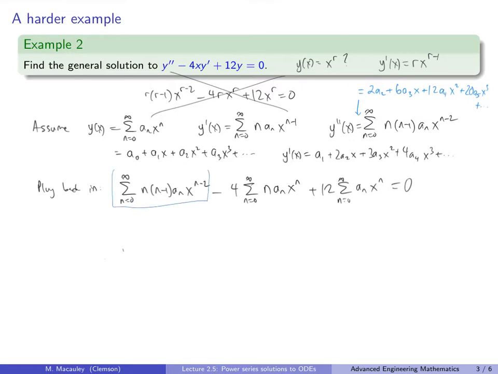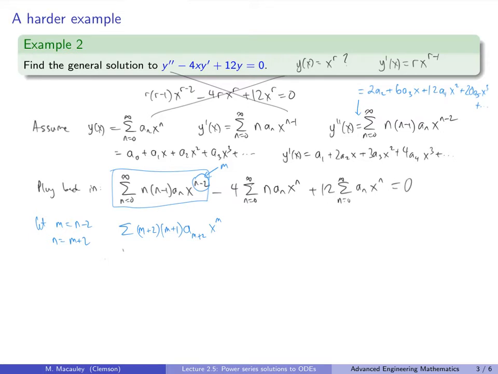I'm going to change variables. Let m be equal to n-2. So I'm looking at that and I'm saying I'm going to call that m. If I do that, then n equals m+2. So every time I have an n, I can replace it with m+2. So I can write this as the sum of (m+2) times (m+1) times a_(m+2) times x^m.